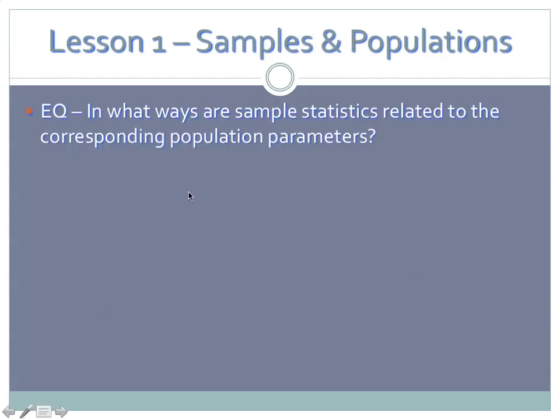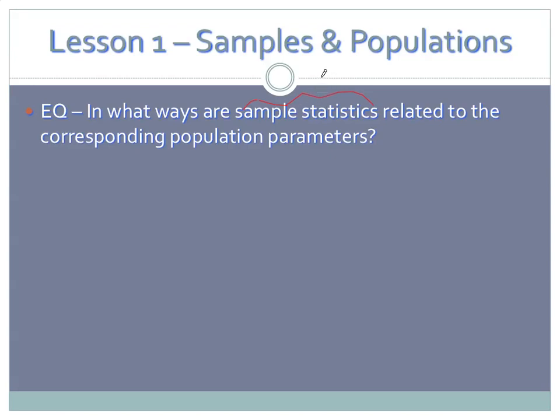Okay, so let's go back to our EQ because I want to point out a couple things. Our EQ is, in what ways are sample statistics related to the corresponding parameters? All right, let's break this down. Remember, a sample statistic, one of the terms we just went through, is basically data from a smaller group.